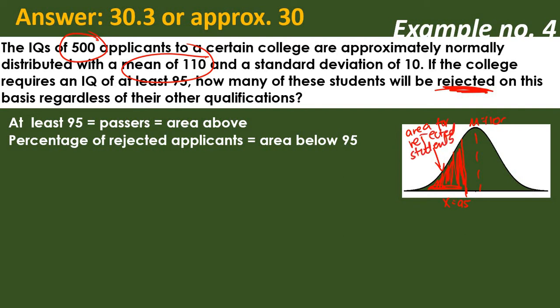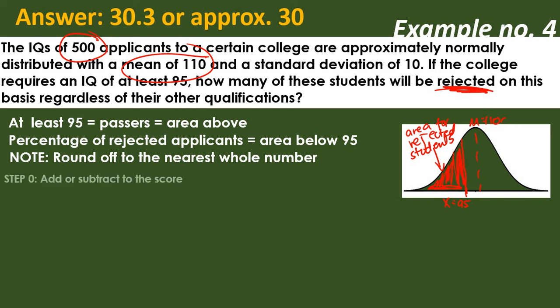So for us to be able to solve that, obviously we need to know what will be that area. So we are going to round it off to the nearest whole number because there's no specification. We are going to add or subtract to the score. If you want to know the area, of course, we need to solve for z, and before we can solve for z, we need to know if 95 will be included. So this is 95. We want the scores less than 95. So what are the scores that will be considered as rejected?